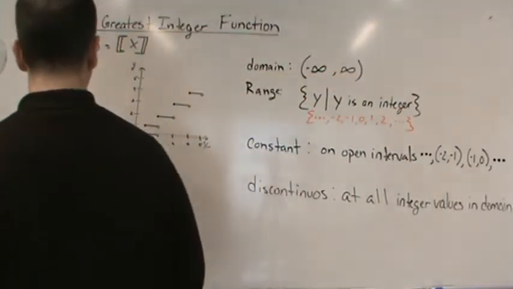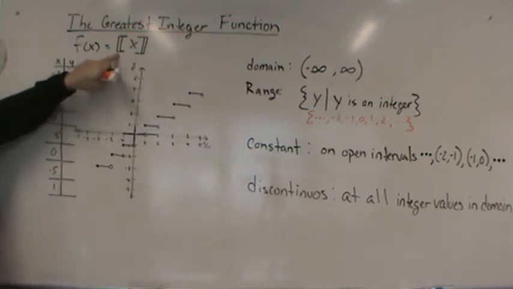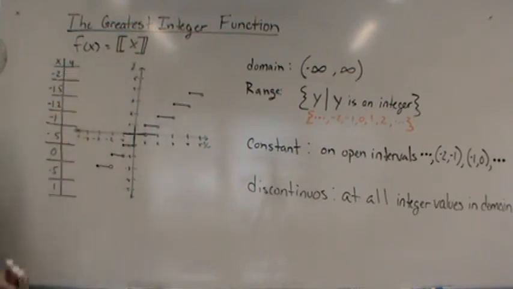So this is the symbol for the greatest integer function. It looks like square brackets, but bold-faced, with the x inside. So what does this function do?